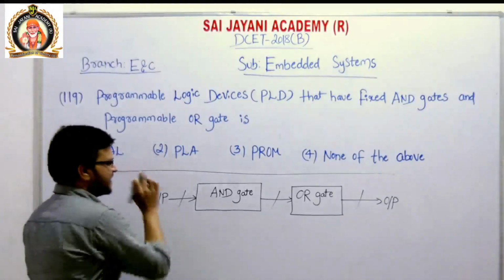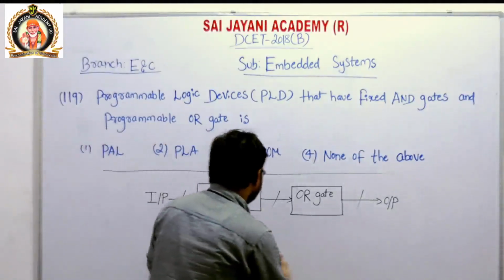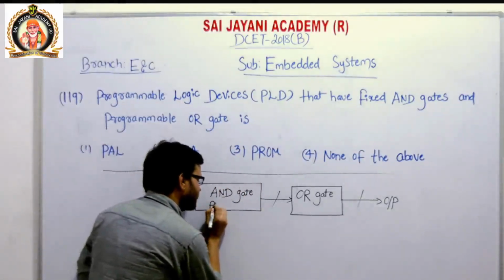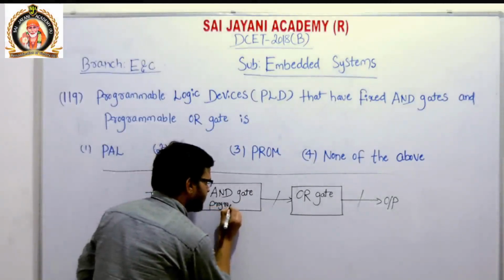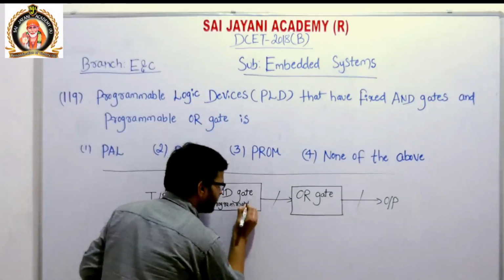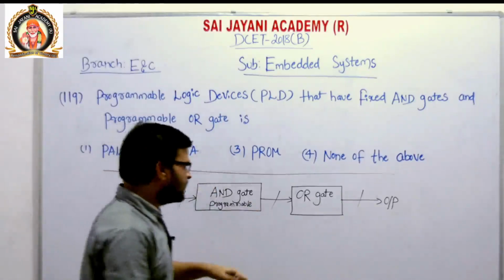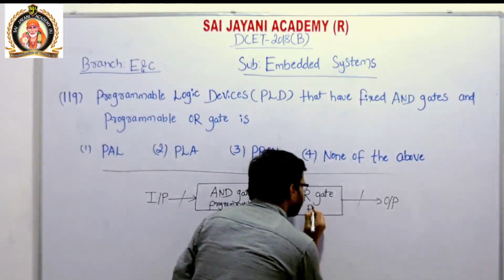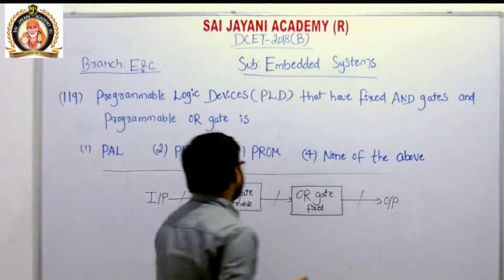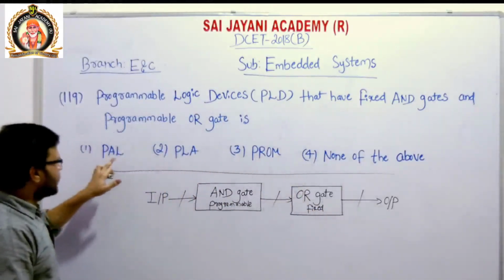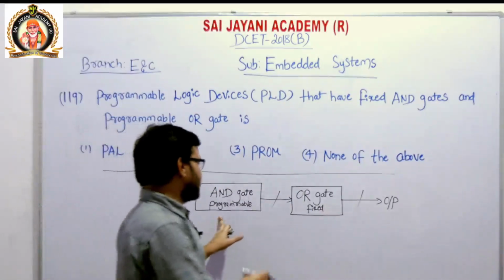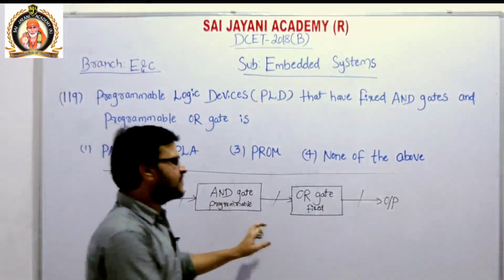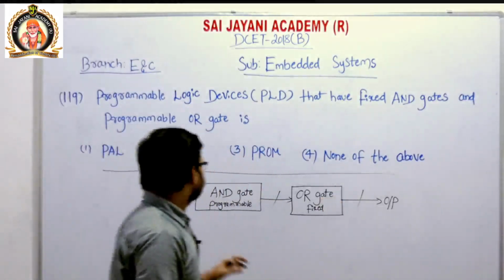In programmable array logic, the AND gate is programmable, and the OR gate is fixed. In PAL, that is programmable array logic, the AND gate has a programmable connection, but the OR gate is fixed.